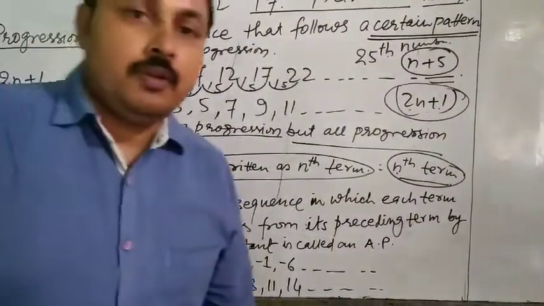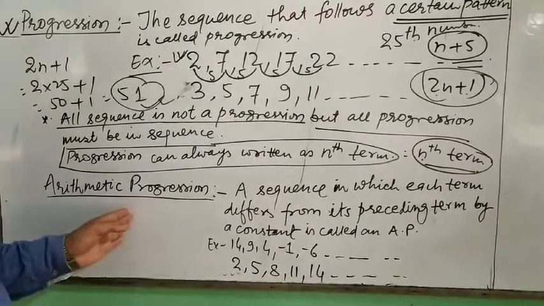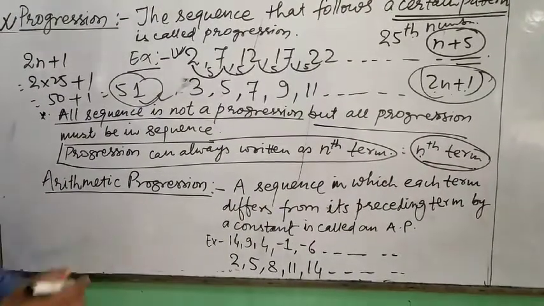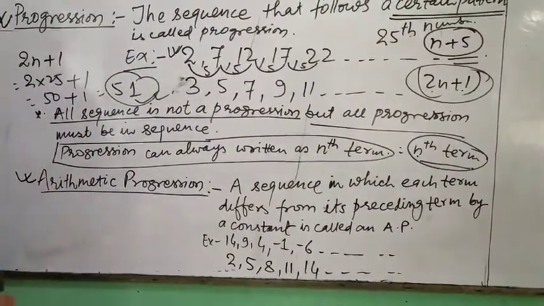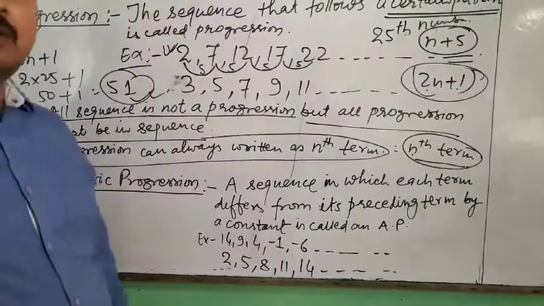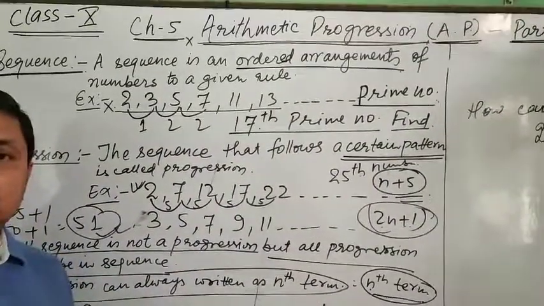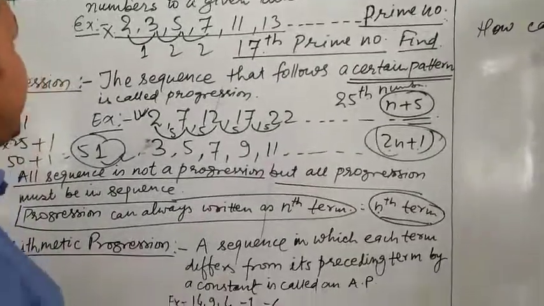Now we move to the arithmetic progression, your next topic. That is the main chapter of your mathematics, chapter 5.